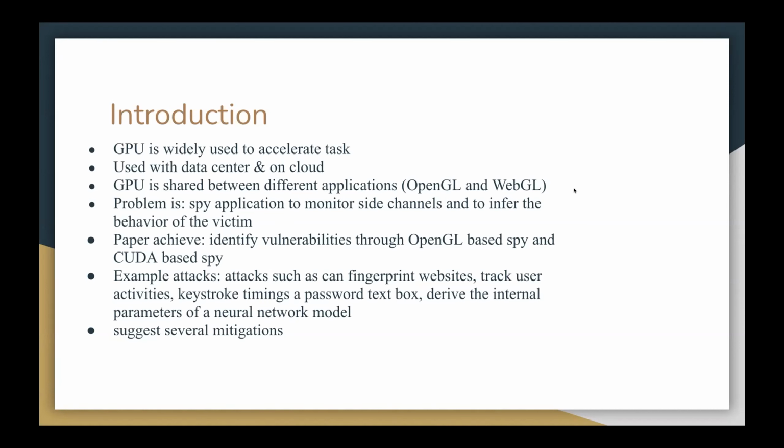It's also used in data centers and on clouds, not just on desktops or local computers. So GPUs can be shared between different applications, such as via OpenGL and WebGL.